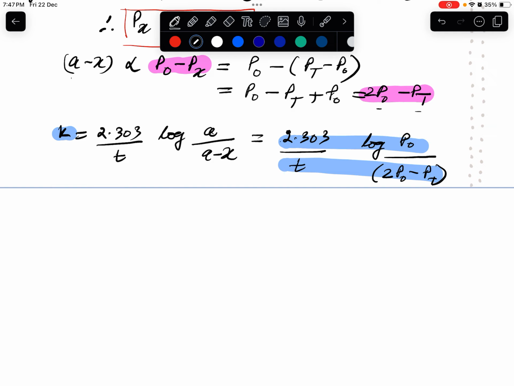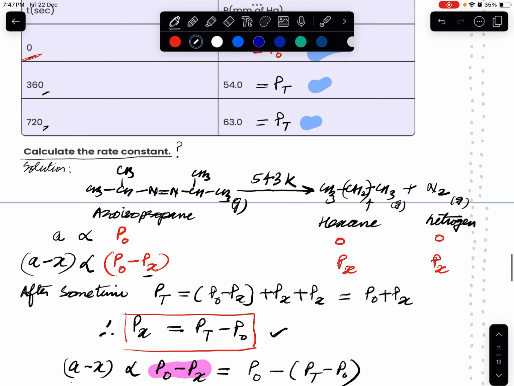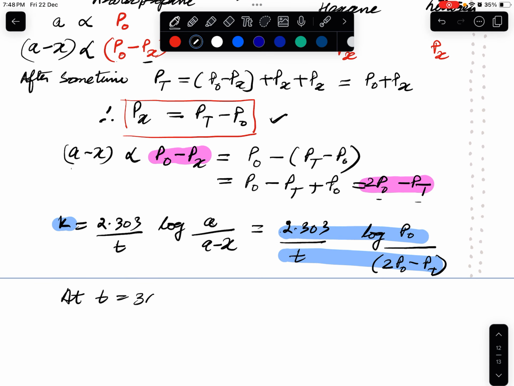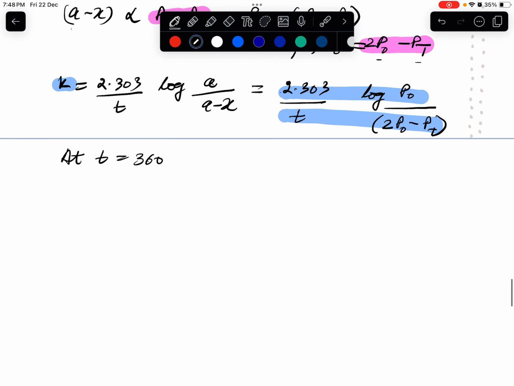We have two observations, so we will do the first case, that is at T is equal to 360, the first value of time. So we will calculate a value of K. K is equal to 2.303 divided by time, 360, as we have chosen. Log of P naught is 35, it is given in your table.